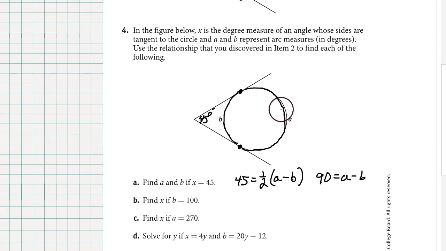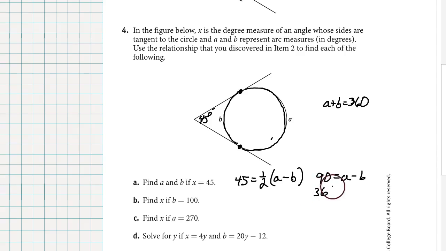Here's how we're going to do that. Notice that A and B together add up to 360 because they go all the way around the circle. So over here on the side, we know A plus B equals 360. We can create a system of equations with our other equation.